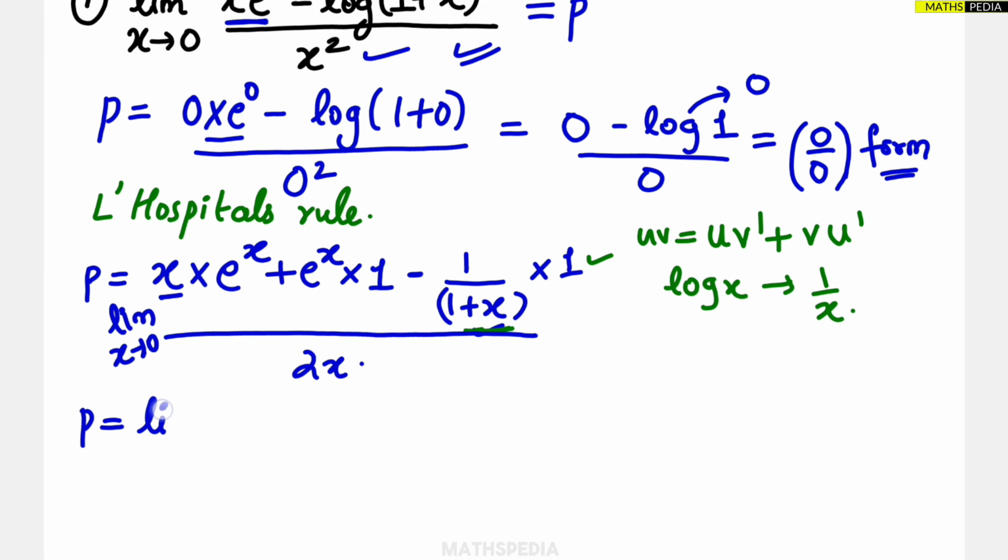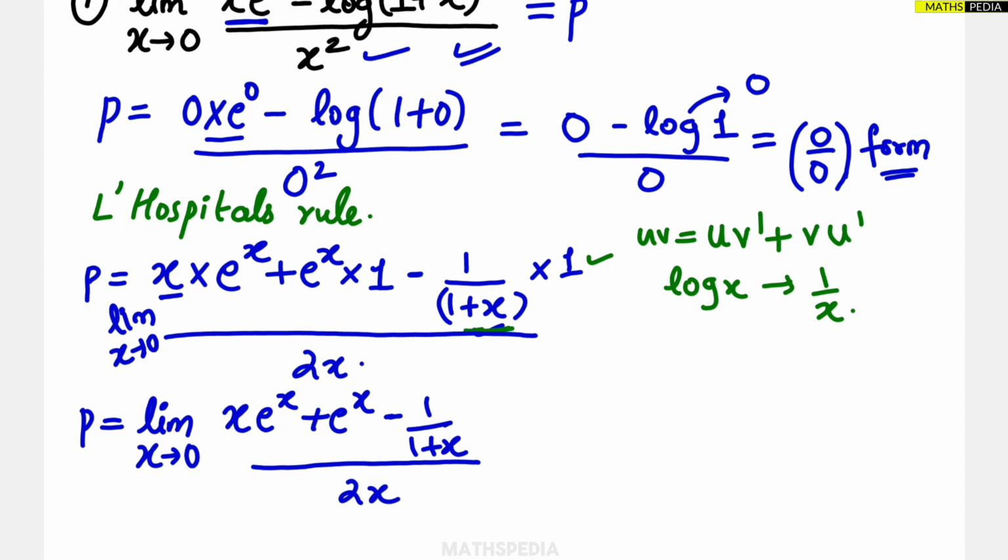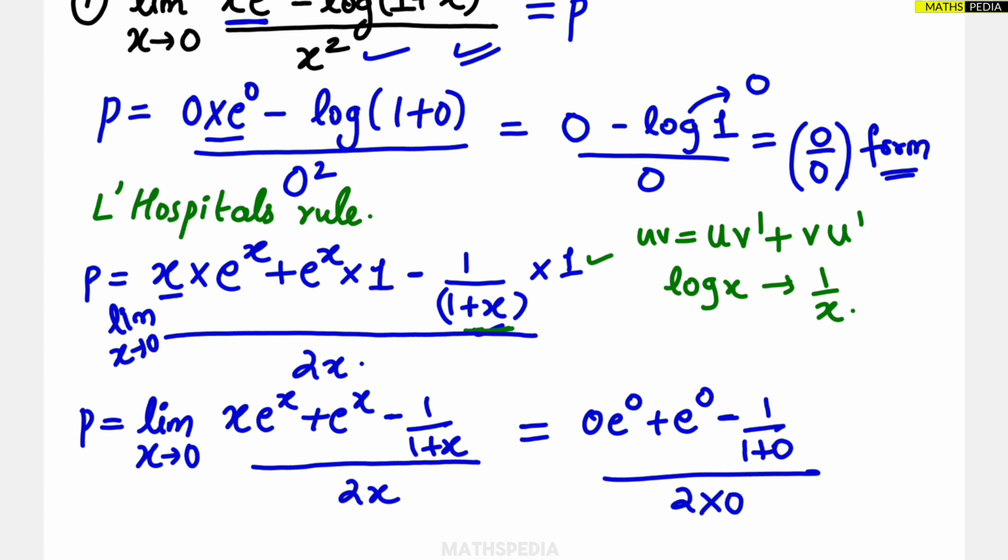Simplifying, x into e power x plus e power x minus 1 by 1 plus x whole divided by 2x. Applying the limit: 0 into e power 0 plus e power 0 minus 1 by 1 plus 0 whole divided by 2 into 0. Again you are getting 0 by 0 form. That means again you have to apply L'Hospital's rule.